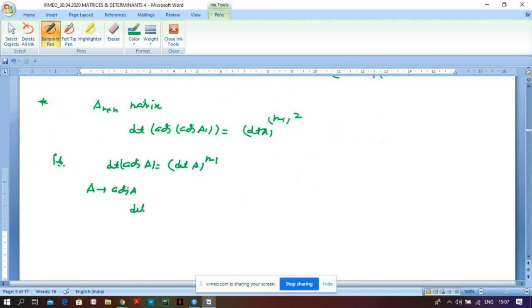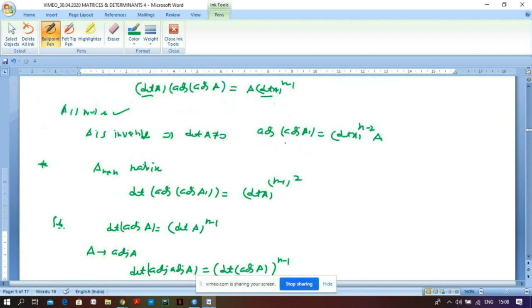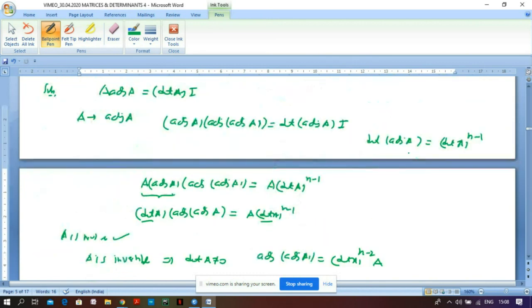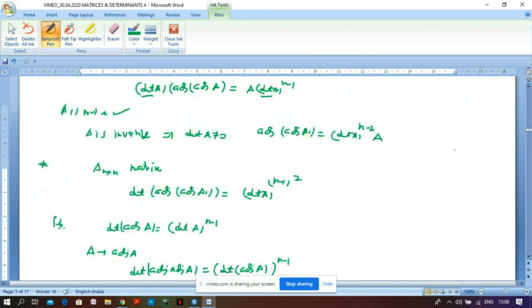So we'll get det of adjoint of adjoint of A is det of adjoint of A whole to the power n minus 1. Now, det of adjoint of A we just saw: det of adjoint of A is det of A to the power n minus 1.